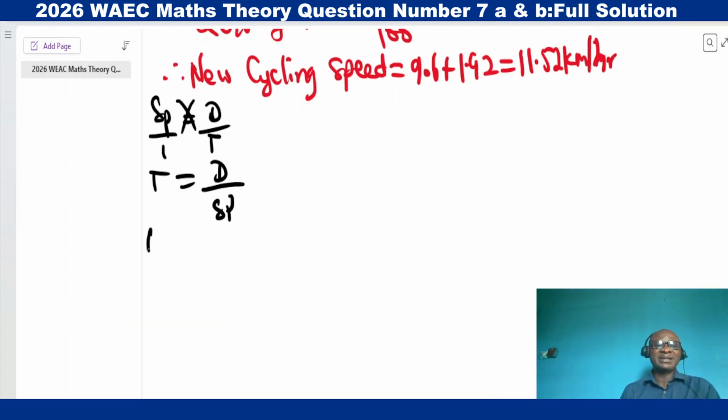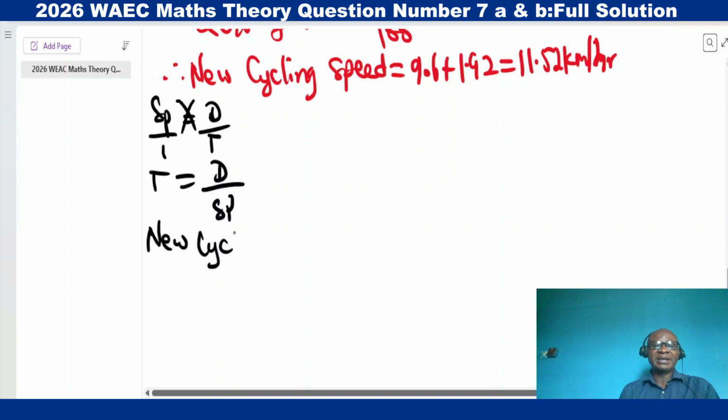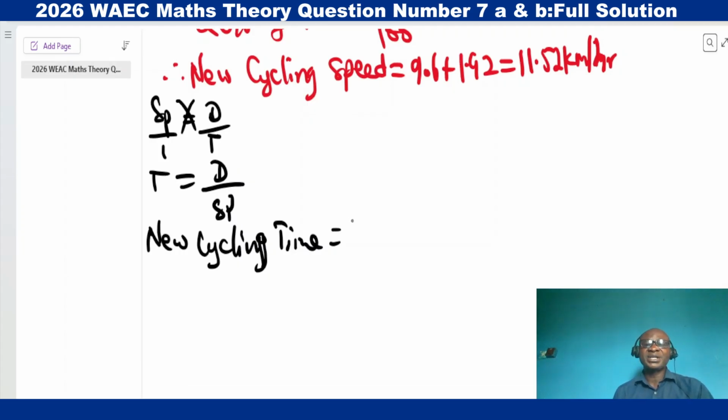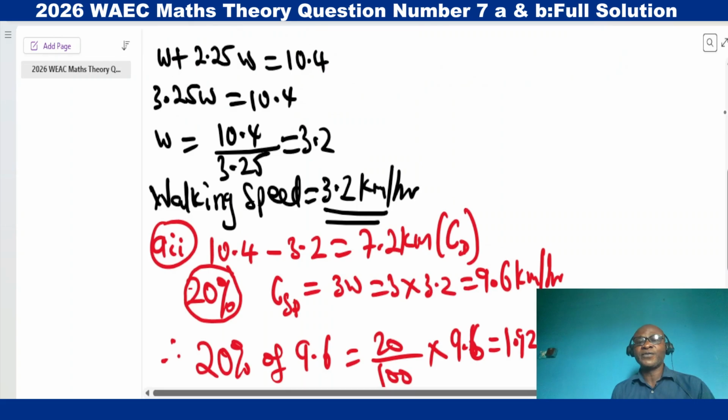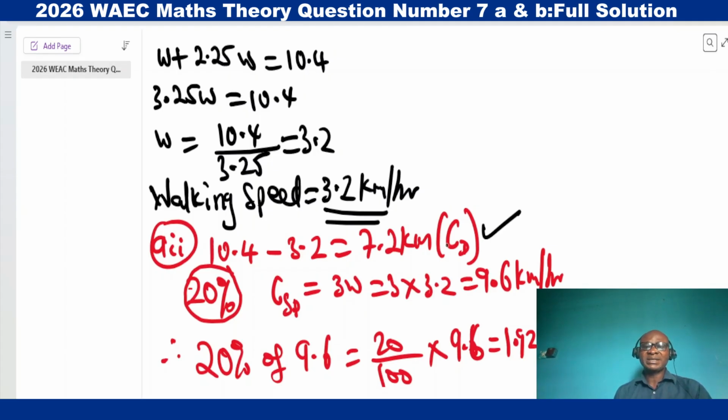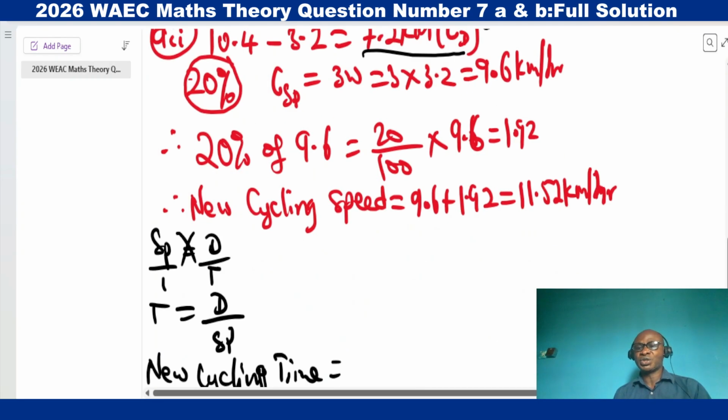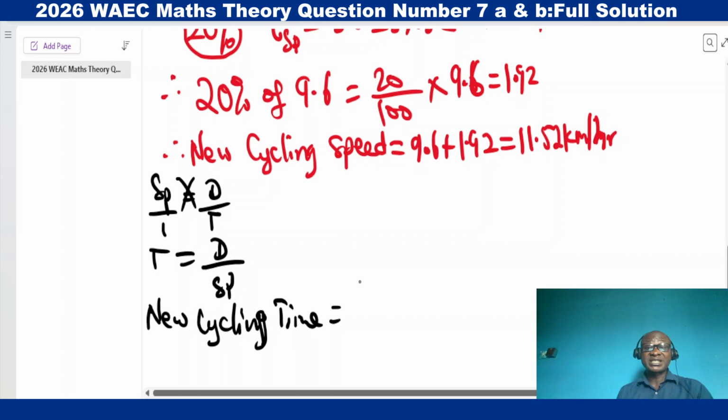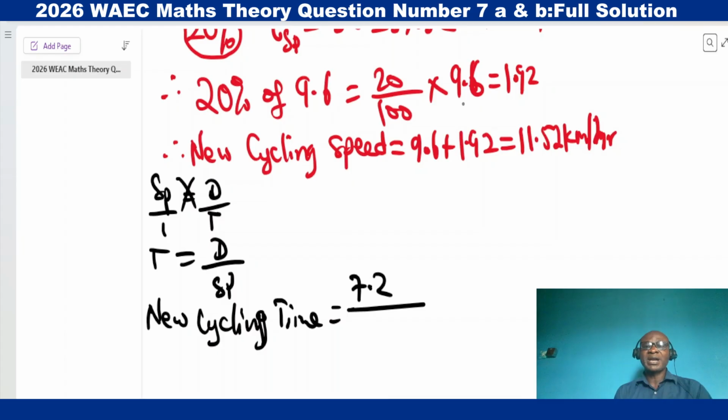The new cycling time will be the cycling distance, which we got above, 7.2. The cycling distance remains 7.2, but the cycling speed has changed from 9.6 to 11.52.